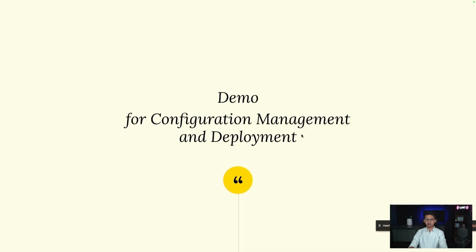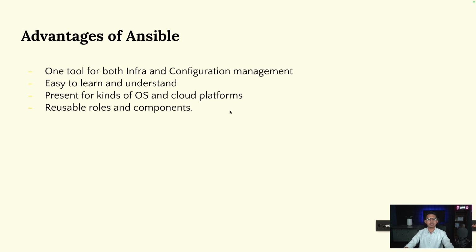So we have given the demo for configuration management and deployment, and then the advantages of Ansible. To reiterate, we have found one tool that helps us manage both our infra and configurations. It's very easy to learn and understand because all you have to do is write roles, tasks, and playbooks in YAML format, just key value pairs. It's present for all different kinds of operating systems and cloud platforms in the industry.